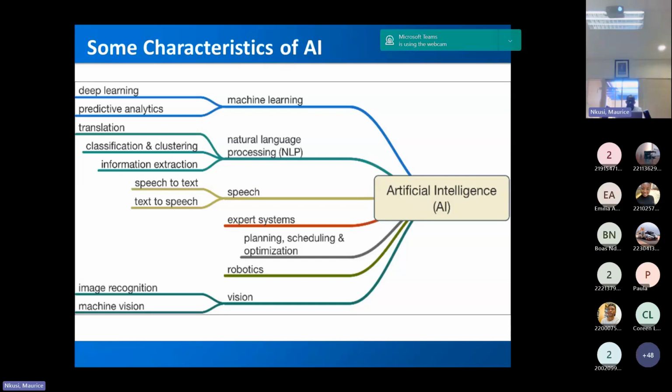Expert system, the artificial intelligence applications, they can really analyze situation. They can develop expertise in a specific area. They can plan, they can schedule, they can optimize. You can think about, for example, at the airport where you have a huge number of flights per day.